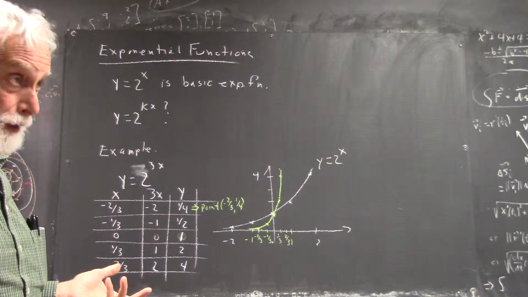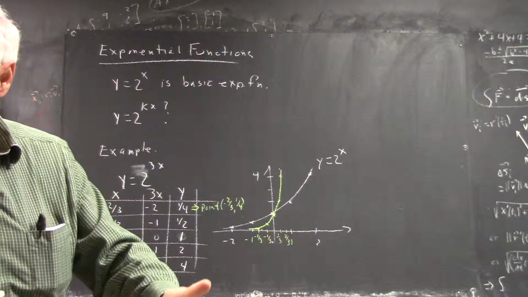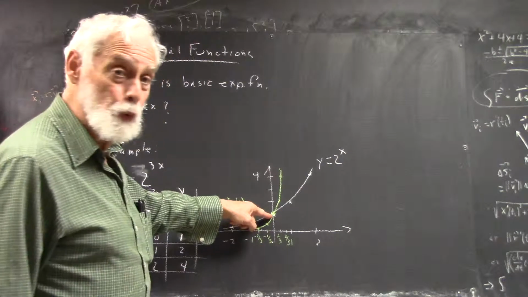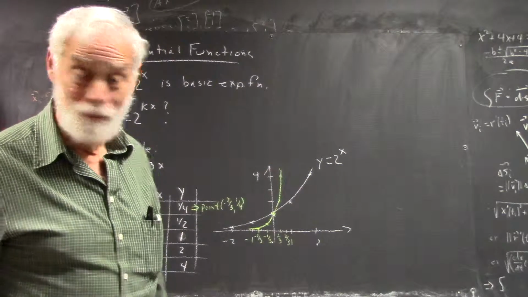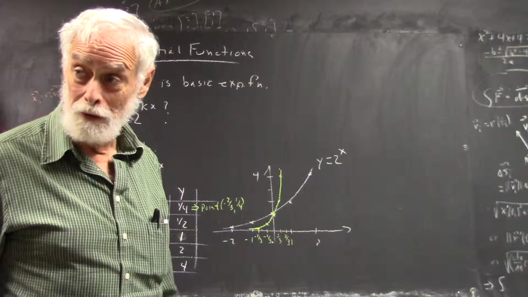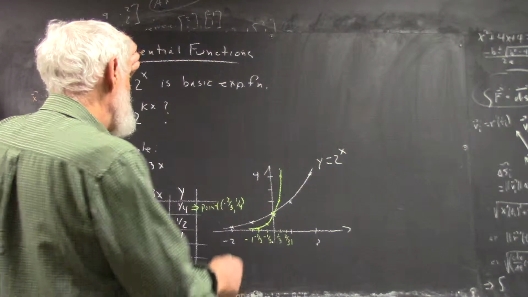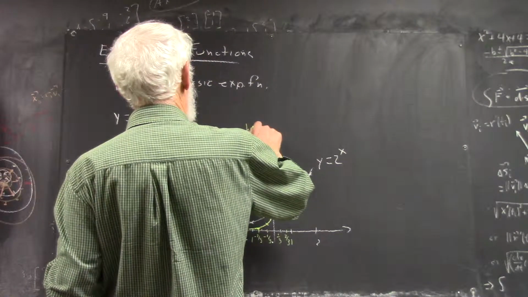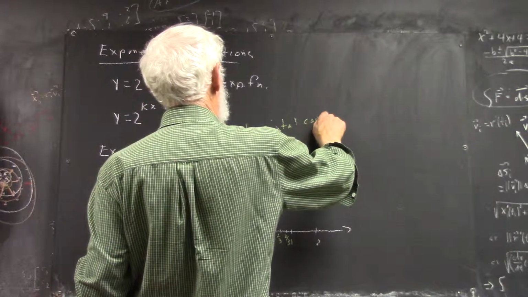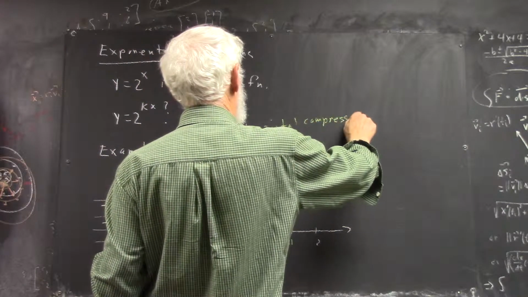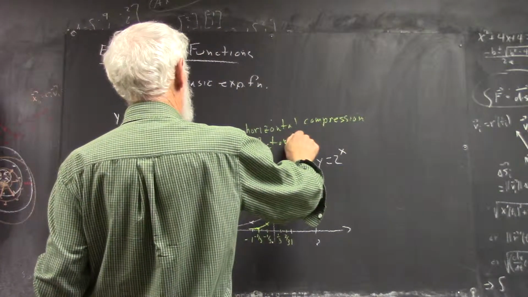It's not vertically stretched. If it was vertically stretched by anything but a factor of 1, then this point wouldn't land at the same place it did for the original function, right? So it's not a vertical stretch. It's being squashed in. We call this a horizontal compression by factor 3.